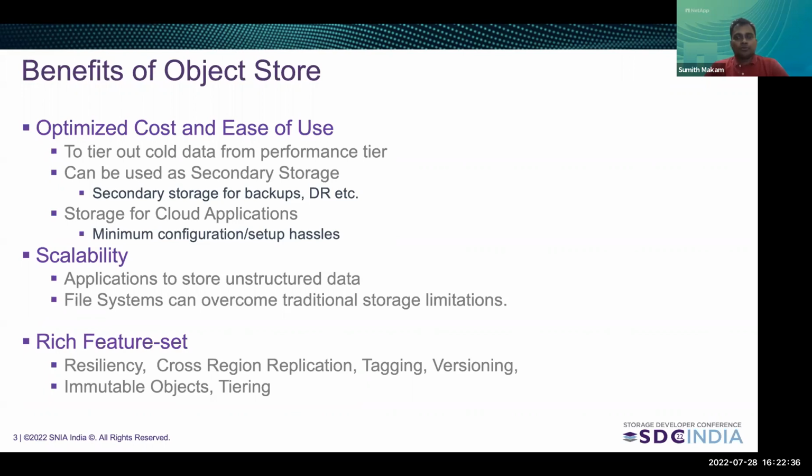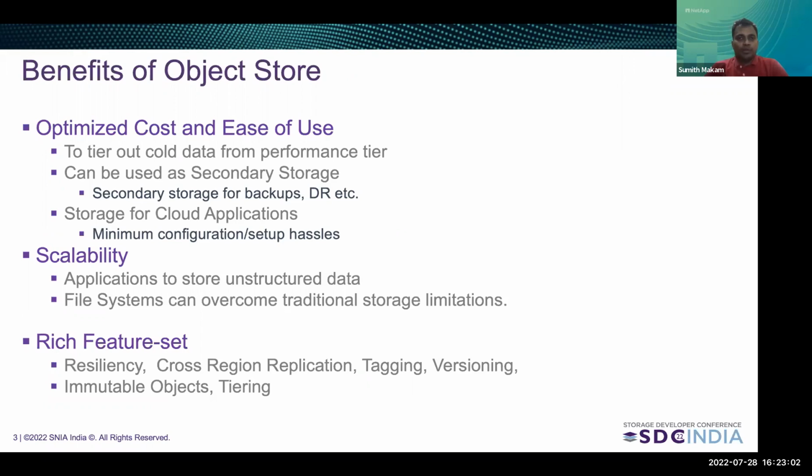Ease of use comes from the fact that applications need not go through a lot of configuration hassles to configure object store to store their data. Once the bucket is configured, access will be over HTTP. In contrast, applications which have to use EBS drives have to be attached to an EC2 instance, and they can only be accessed in the same region.